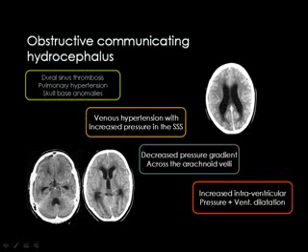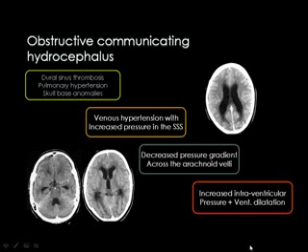Then there is a very important note here. The obstruction in the subarachnoid space will result in dilatation of the lateral ventricles, the third ventricle, and the fourth ventricle. Also, atresia of the outlet foramina of the fourth ventricle will result in dilatation of all ventricles. What is the difference?